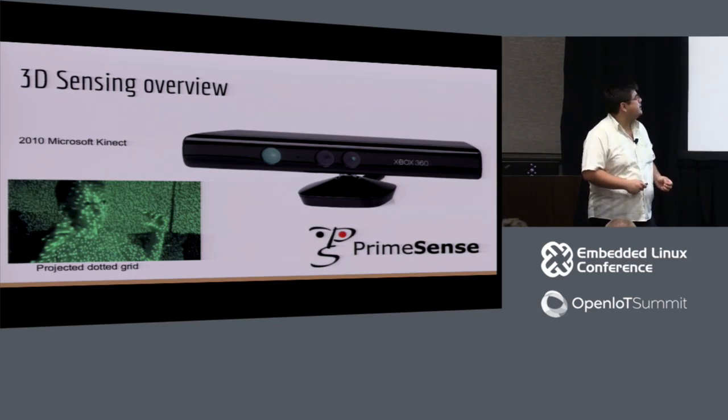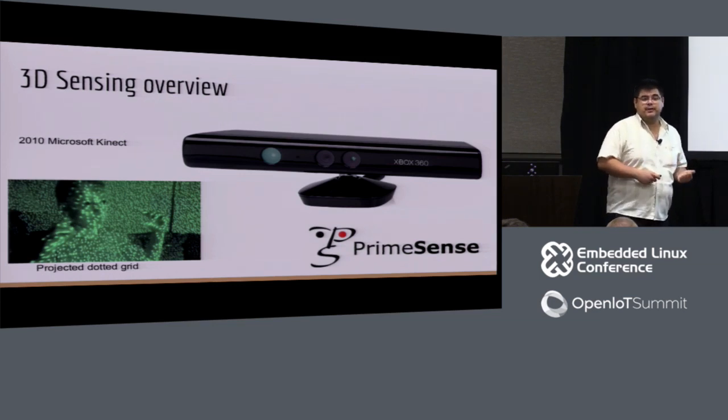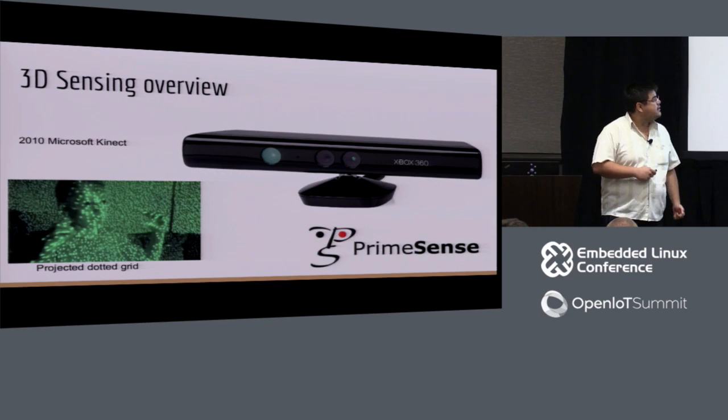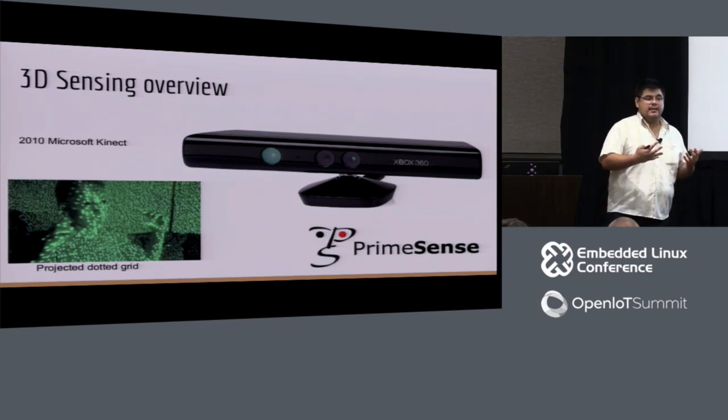This camera has a projector that projects a dotted grid, and it has an IR camera that sees these dots and calculates the depth of them. And we have here an RGB camera, so we can get 3D using colors and the depth.